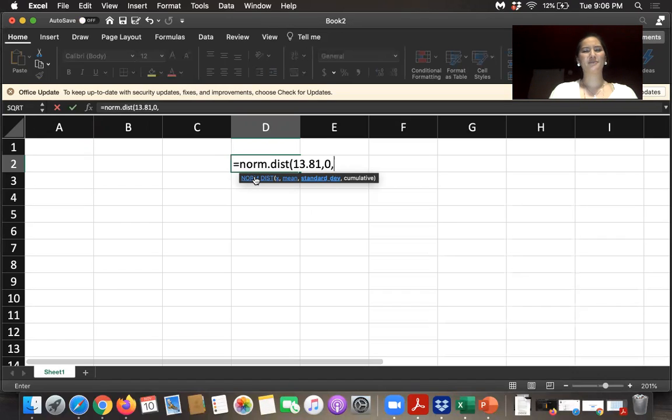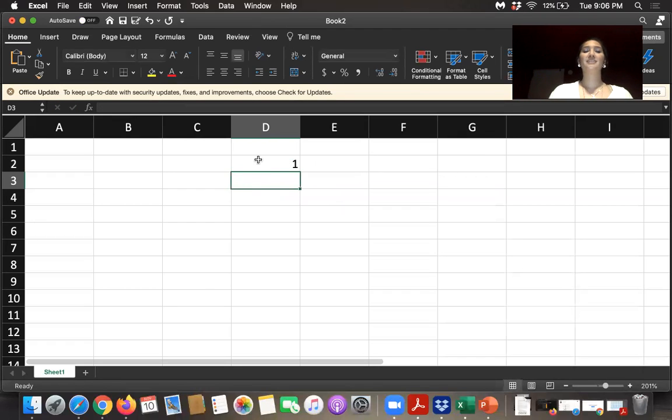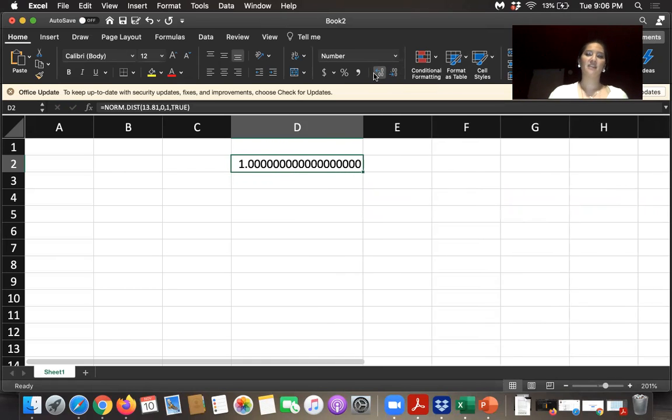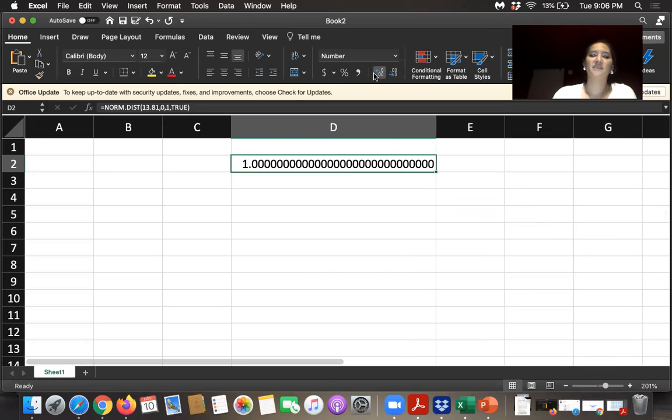The standard normal distribution has mean 0, and the standard deviation is 1. And for the cumulative area to the left, we want to say true because that's what we're looking for. And you just get 1. Obviously, it's not 1. There is going to be some area to the right of that, but it's going to be so small. Let's see how many decimal places we would need to take in order to get something less than 1.